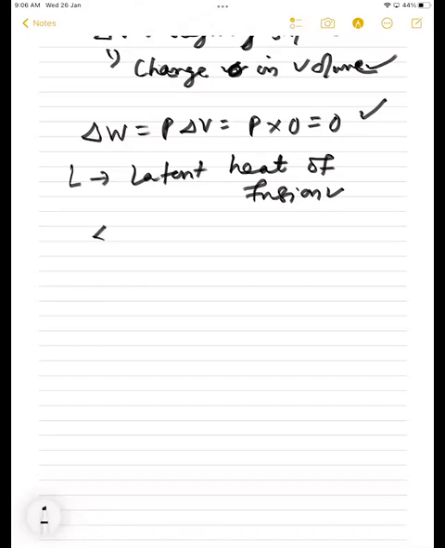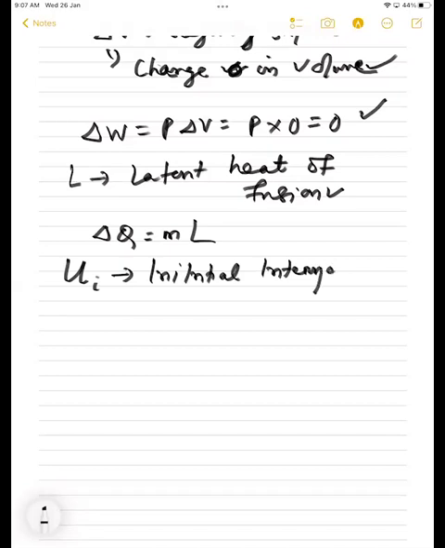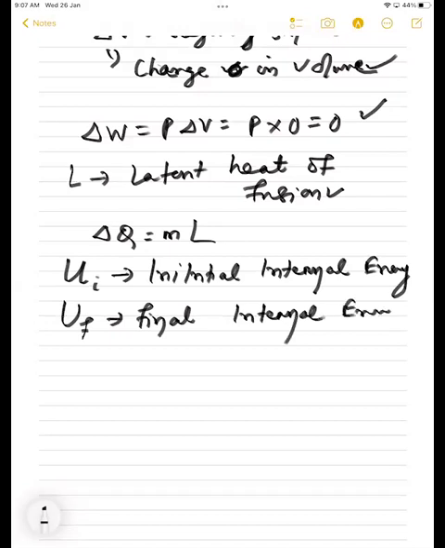And from the latent heat of fusion concept, delta Q is equal to how much? It is mL, right? And there is no change in volume, but there will be a change in internal energy. Let Ui be the initial internal energy when it was solid, and Uf the final internal energy.